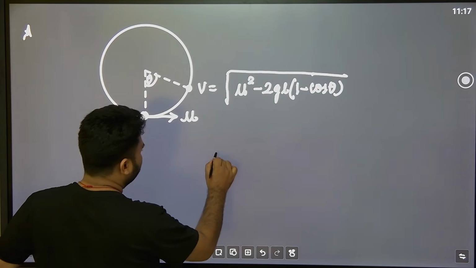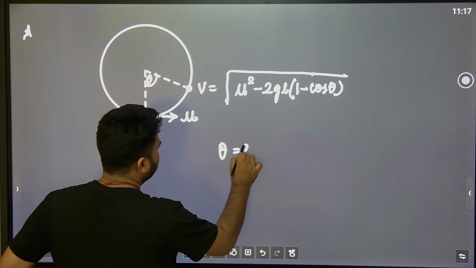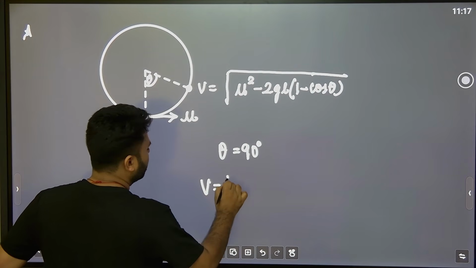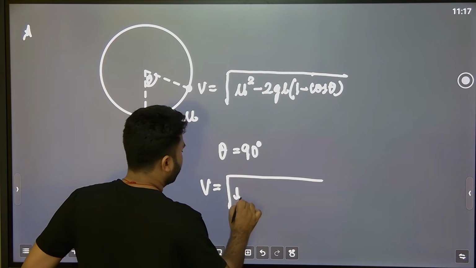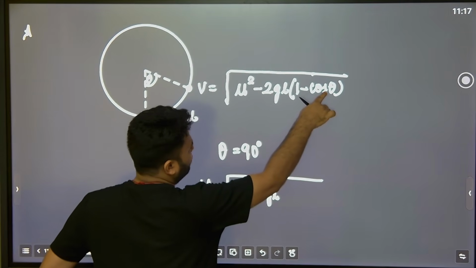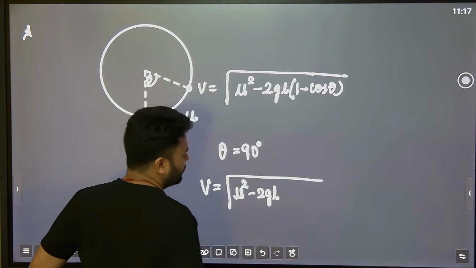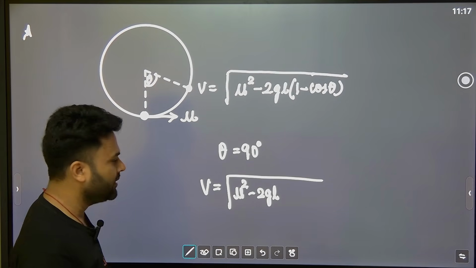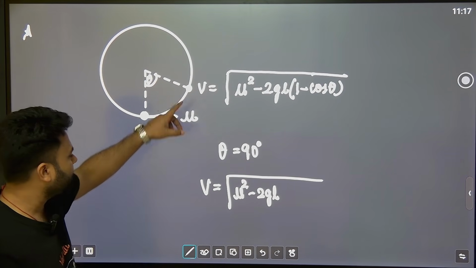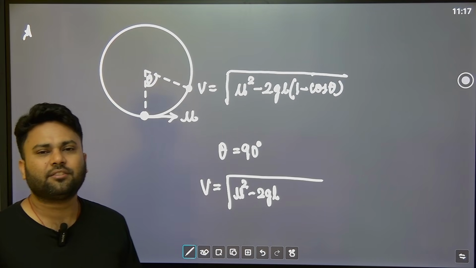So velocity at any angle theta is under root u square minus 2gl (1 minus cos theta). For example, our theta is 90 degree. So what will v become? Under root u square minus 2gl (1 minus cos 90). Cos 90 is 0, so u square minus 2gl. This will be the speed at this point.